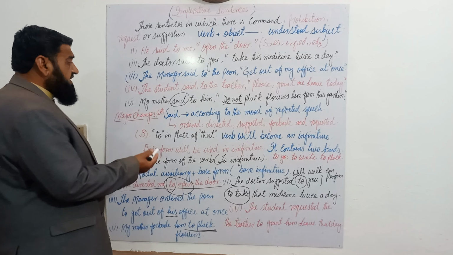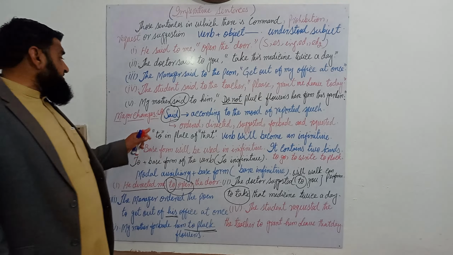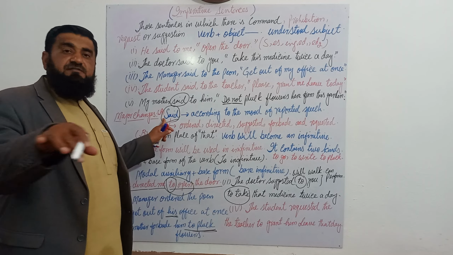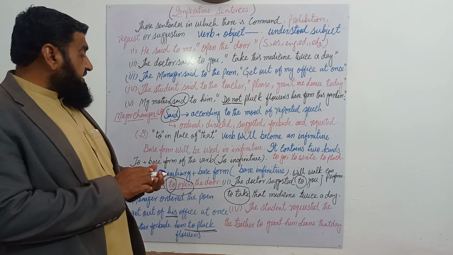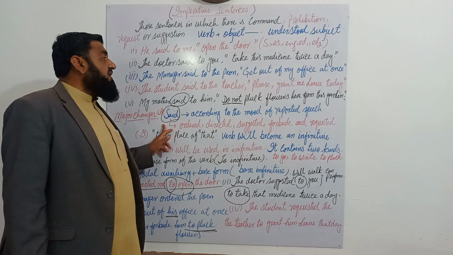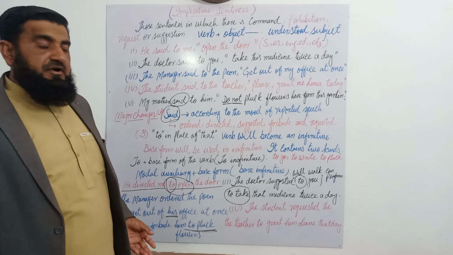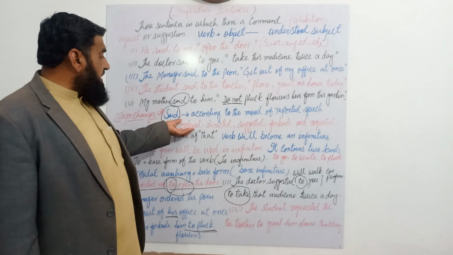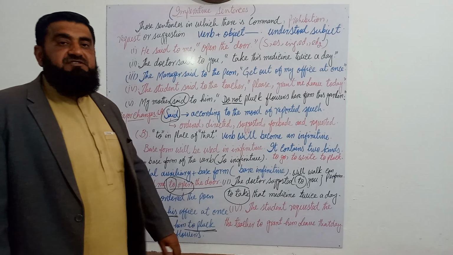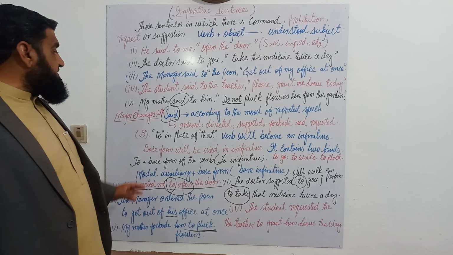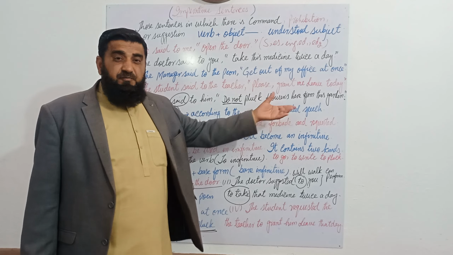So within imperative sentences, the major change is said into the mood of the reported speech, that is a very important change. So keep in mind that said will be changed according to the mood of the reported speech. We can change said into ordered, directed, suggested, forbade, or requested, etc., according to the mood of the reported speech.